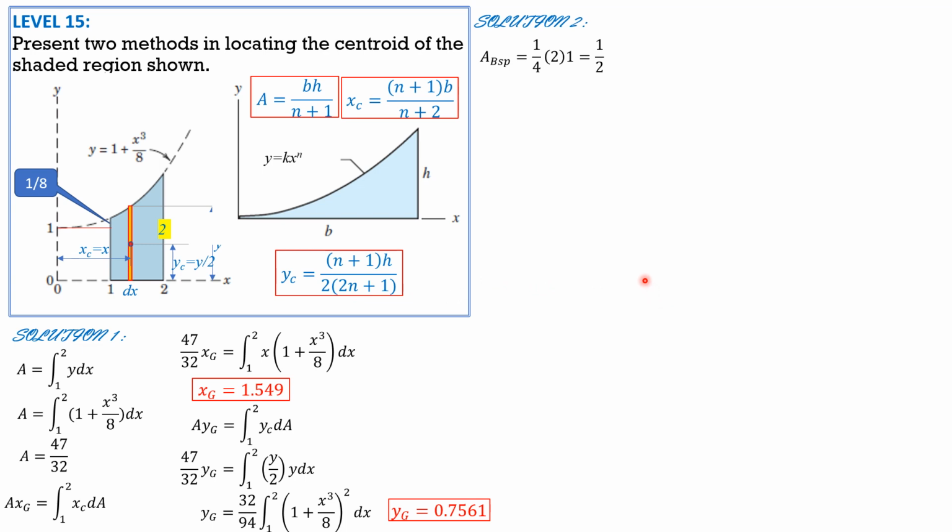So that's it. That's our guide. But you have to derive this first so that you can remember it, or else just present the integration method.